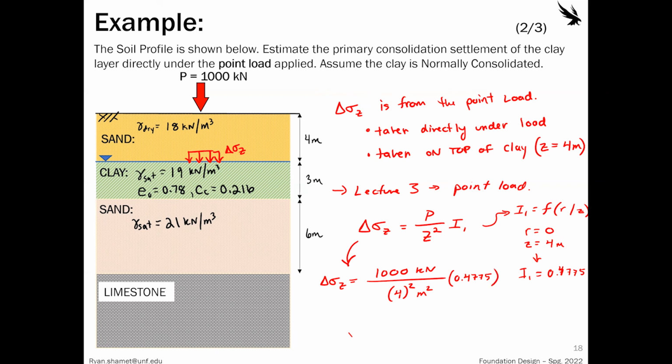We do this out and we see that the delta sigma Z is 29.8 kilonewtons per square meter.